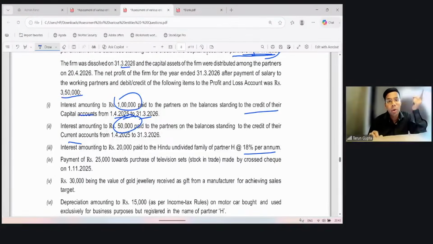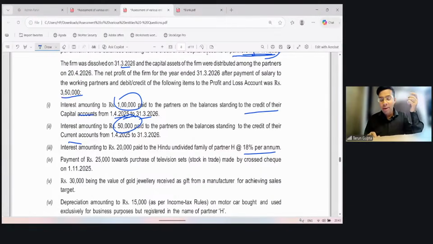The 12% limit under section 40B is applicable on the interest payable to H in his individual capacity, because he is a partner in his individual capacity. So interest payable to H in his representative capacity is not subject to section 40B. Even though interest is paid at the rate of 18%, there is no disallowance because it is not paid to the partner.